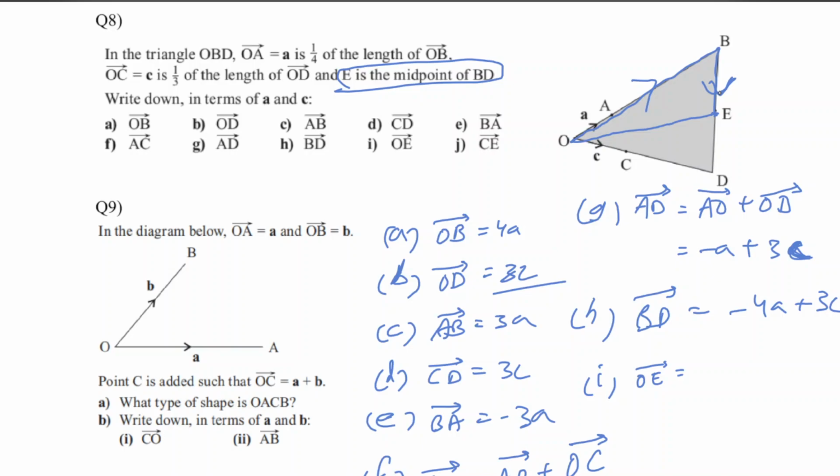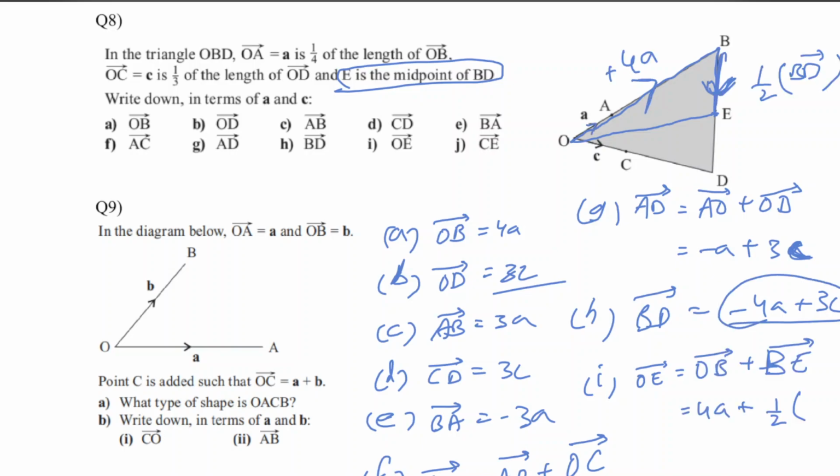So what is OB? We know that OB is plus of 4A, right? Because it's going in the same direction. OB is plus of 4A plus BE, which is half of BD. BD is what? This, minus 4A plus 3C, correct?